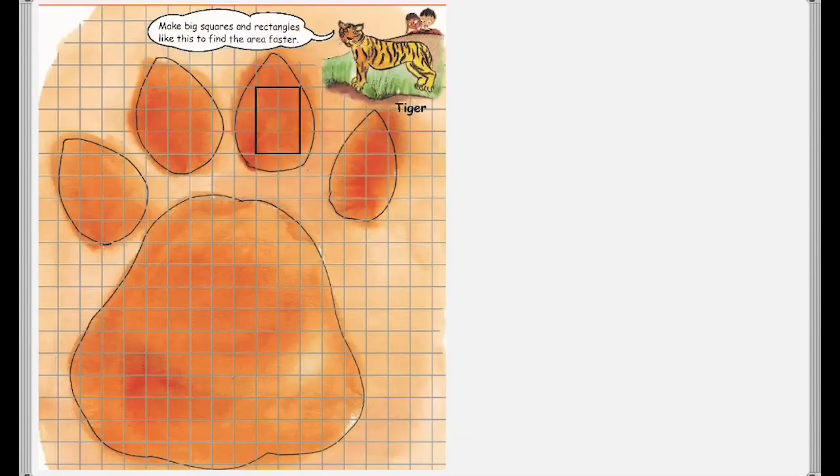Now moving ahead, make big squares and rectangles like this to find the area faster. What you can do is make big squares and rectangles like this to find areas easily.